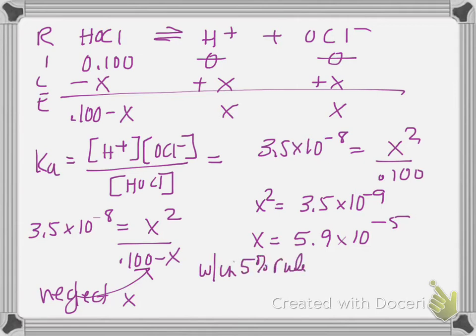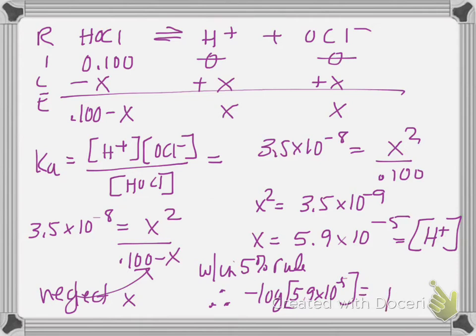So now this is equal to, and this is what I would say, don't just say X, say X is equal to that, which is equal to the hydrogen concentration. So then you can say this, therefore, negative log of 5.9 times 10 to the negative 5 is equal to a pH of 4.